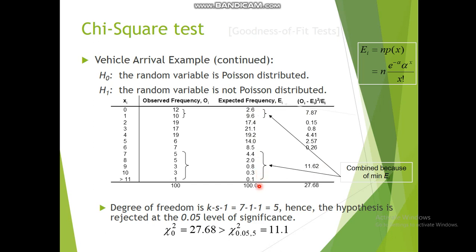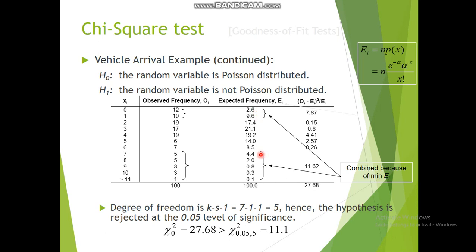Here we need to combine these values to form a new value, since the minimum Ei value is 5, combining adjacent cells.